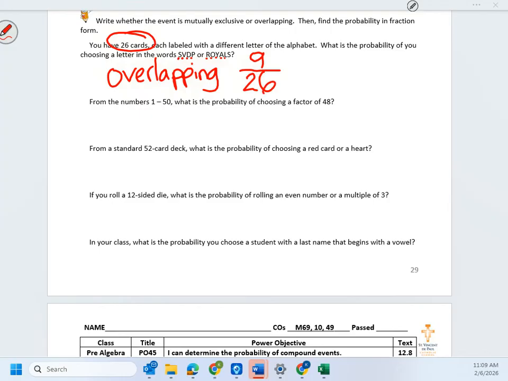So remember that bottom number for the probabilities is how many total there are, not the number of letters we counted. It's how many total were in the hat. So our probability is, can I simplify that? Anybody think I can simplify that or no? No, it's as simple as we can get. So that's my answer. It's an overlapping probability, and it's 9 over 26.